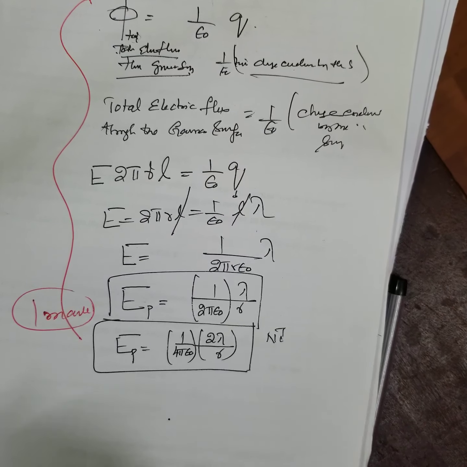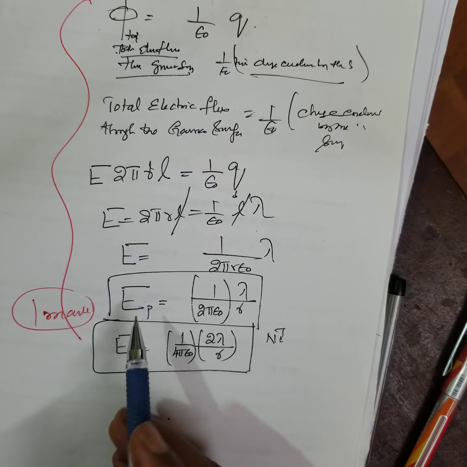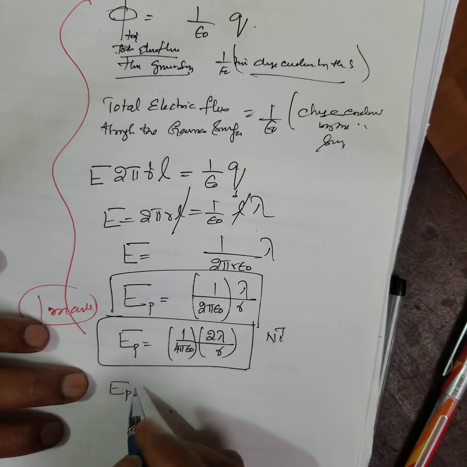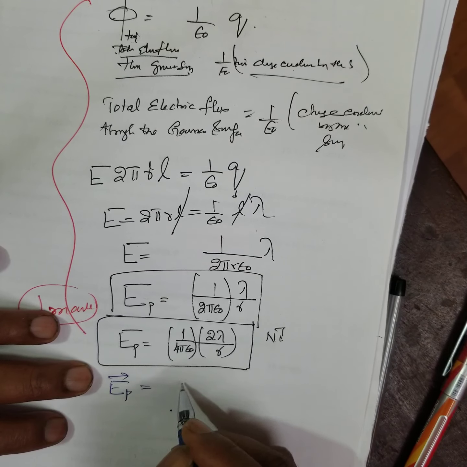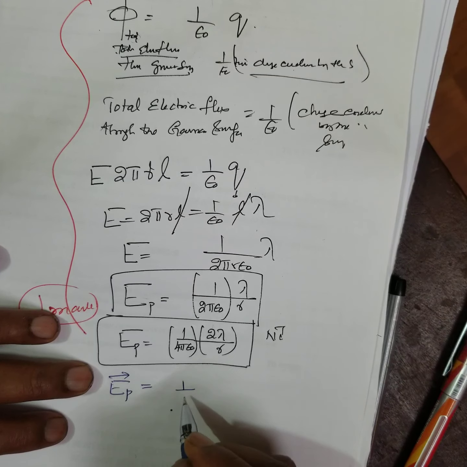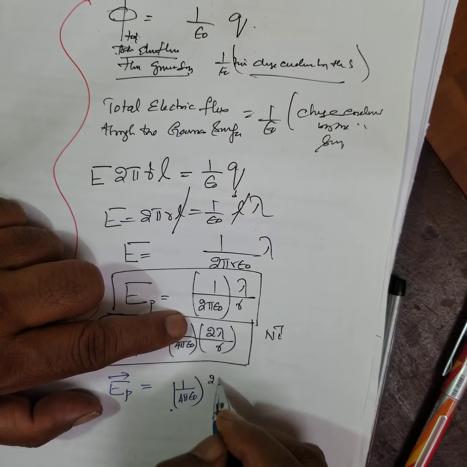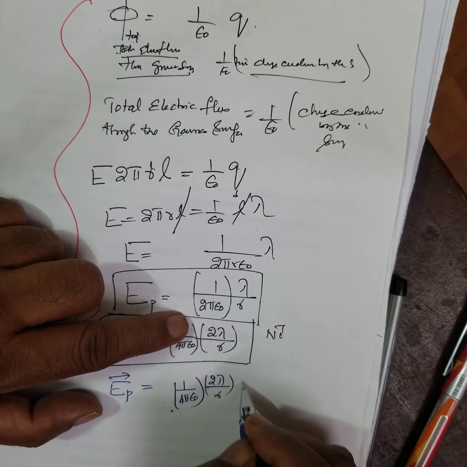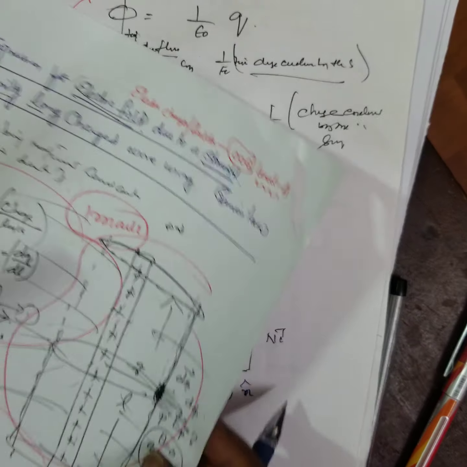For a 1 mark question, they may ask you for the expression for electric intensity, or the expression for the electric field in vector form. That is what you write: 1 by 4 pi epsilon naught, 2 lambda by r, then you write n. Where n is the normal vector.